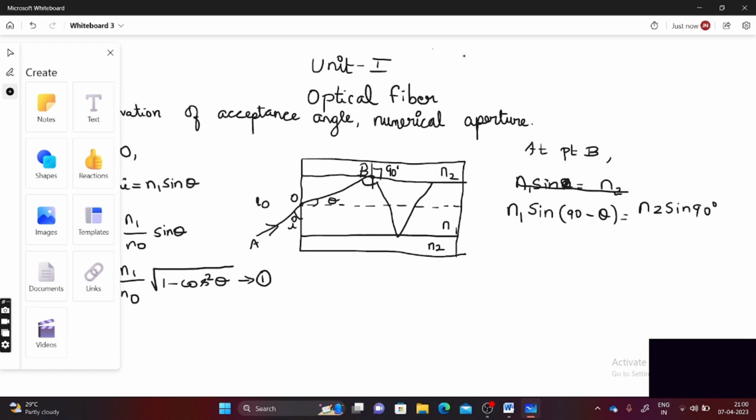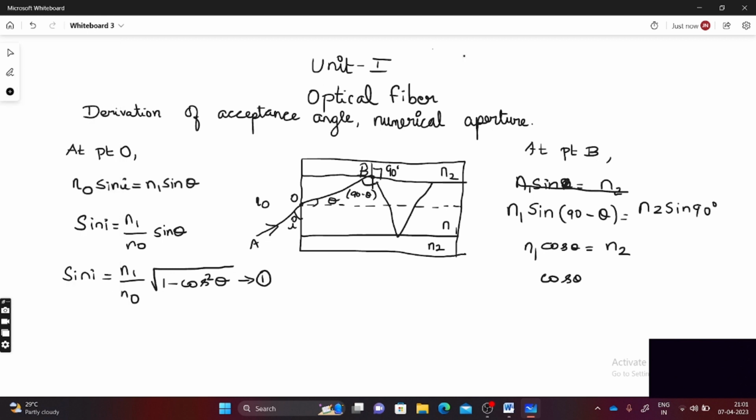This is 90 degrees, this is theta, so obviously this will be 90 minus theta. So n1 sin 90 minus theta, which is nothing but cos theta, equals n2 sin 90 degrees. Sin 90 degrees is how much? 1. So cos theta is equal to n2 by n1.